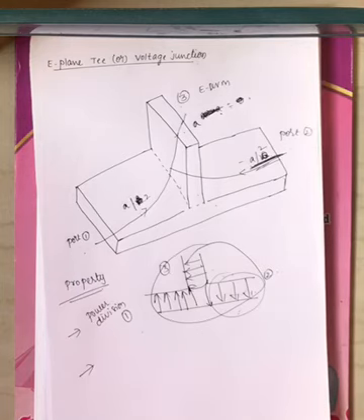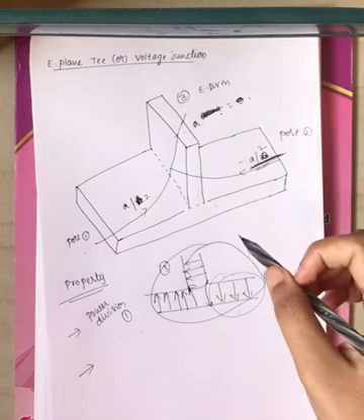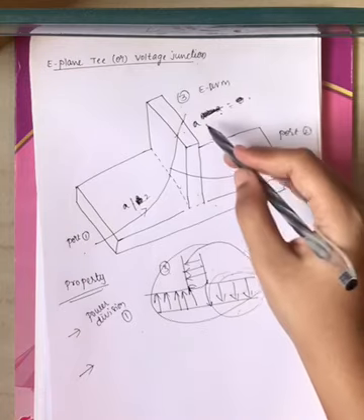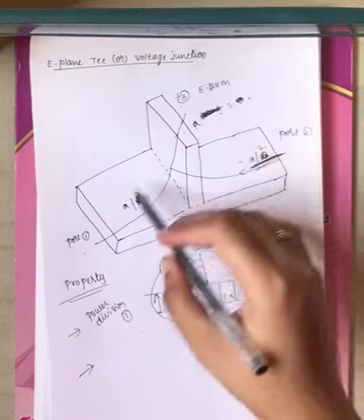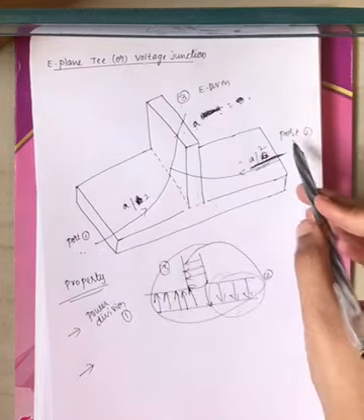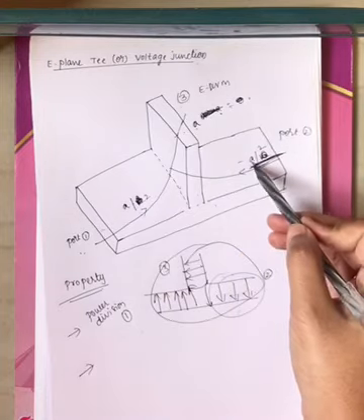Let me briefly explain. When I give input power from port 3, output is collected at port 1 and port 2, which are out of phase by 180 degrees.